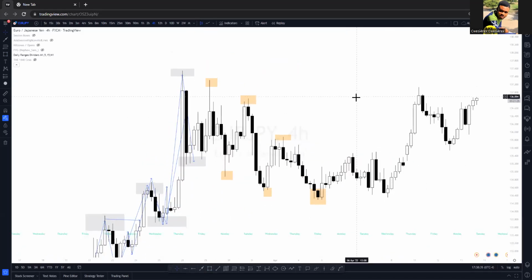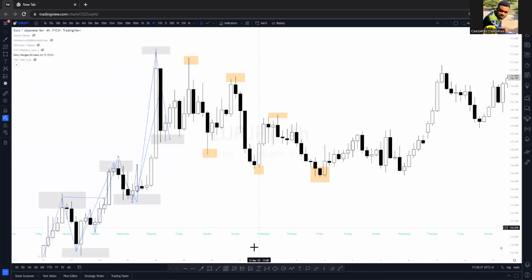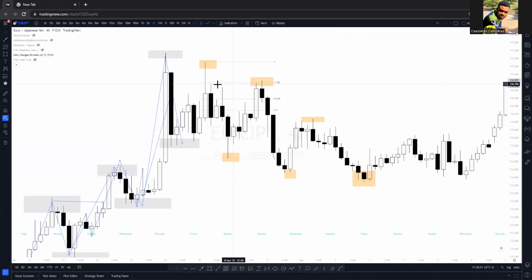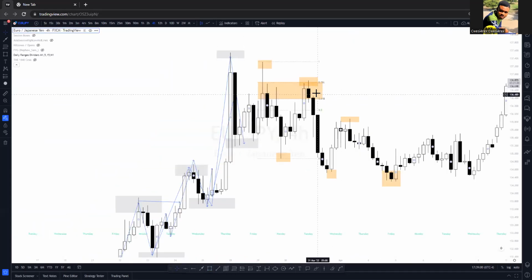So on the H4, if you're looking to sell, you just have to fib from this lower high to this lower low, right? And what do you see? You can see price coming back inside our premium price over here. Beautiful. After price came inside our premium price, price started to collapse, right?